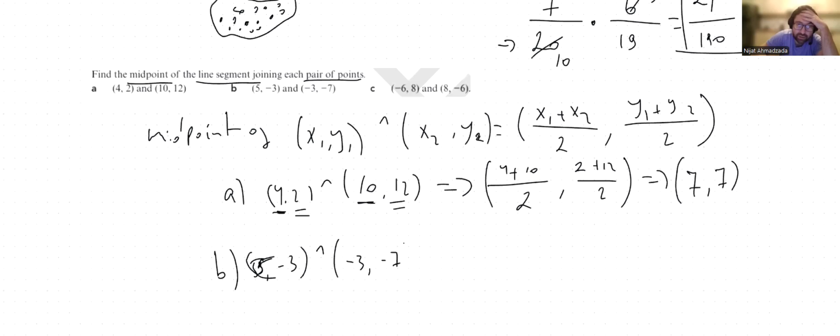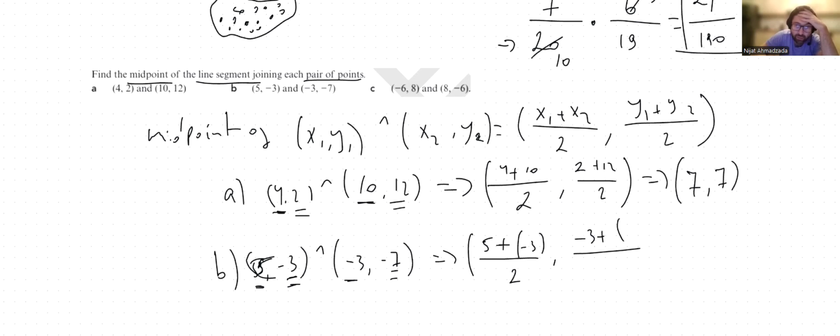Again, x1, x2, y1, y2, right? So x1 plus x2, what was x1? x1 was 5 plus, what was x2? Negative 3 over 2. Now, y1, negative 3 plus y2, negative 7 over 2.